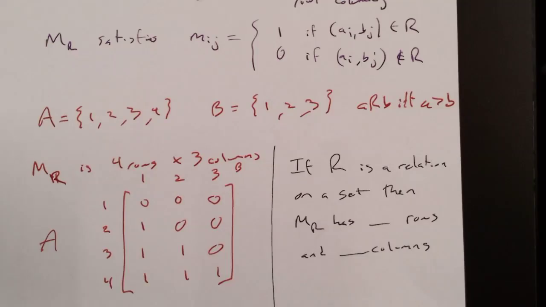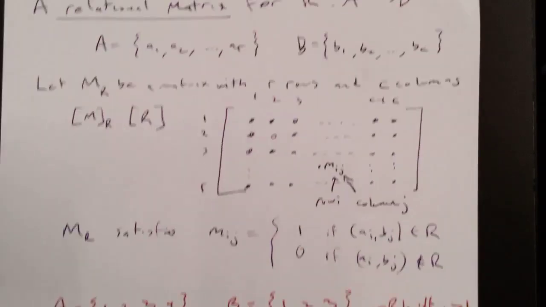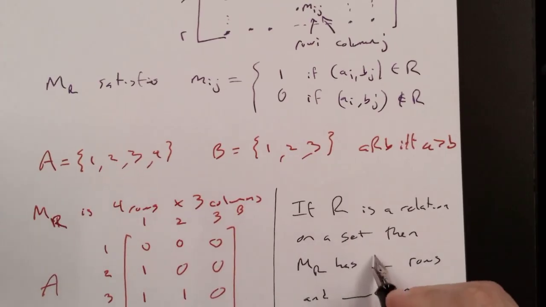If I'm going from the set A to the set A, how many rows, how many columns? Wait. 4 and 4, for this example. But in general, it's however many things are in A, which up here was the number we called little r. But I can just say it's the same size. We call such a matrix a square matrix.